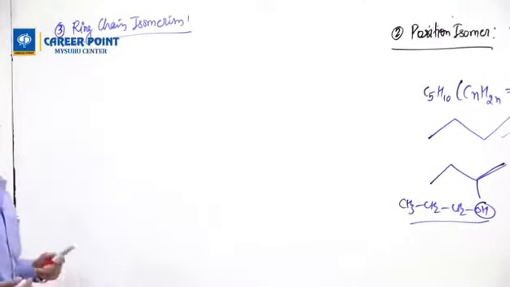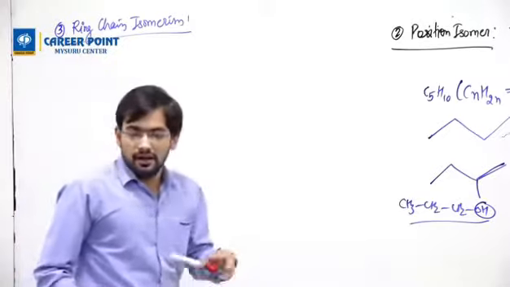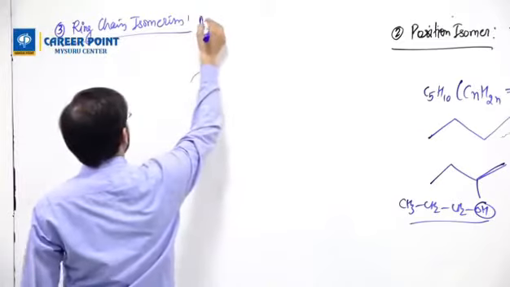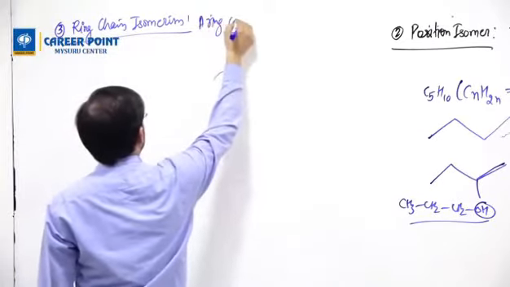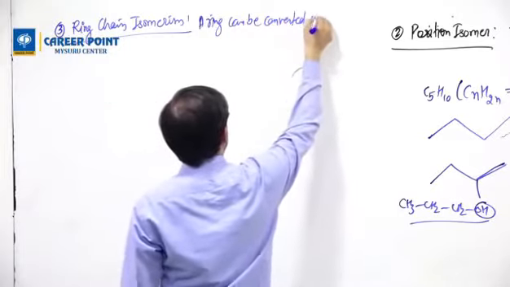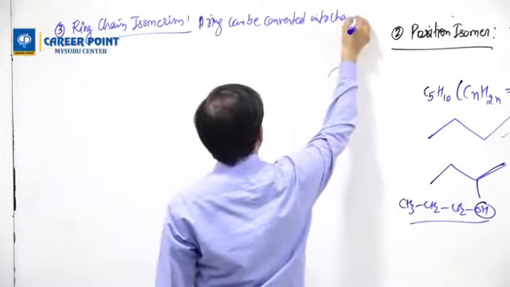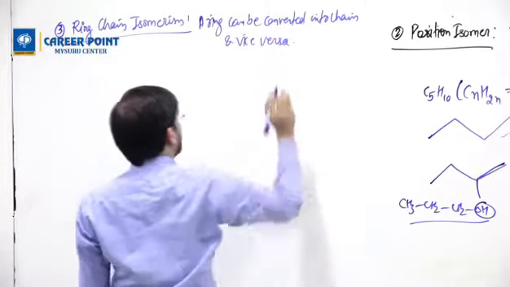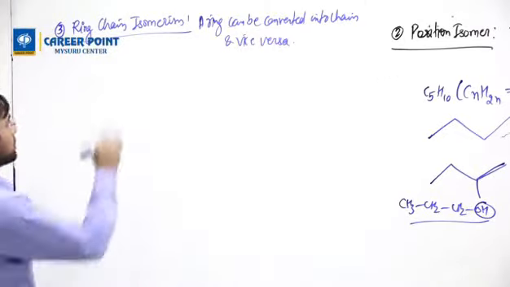And it is very clear with its name, a ring and a chain. A ring and chain. It means a ring can be converted into a chain and vice versa. So there is a trick to convert it.